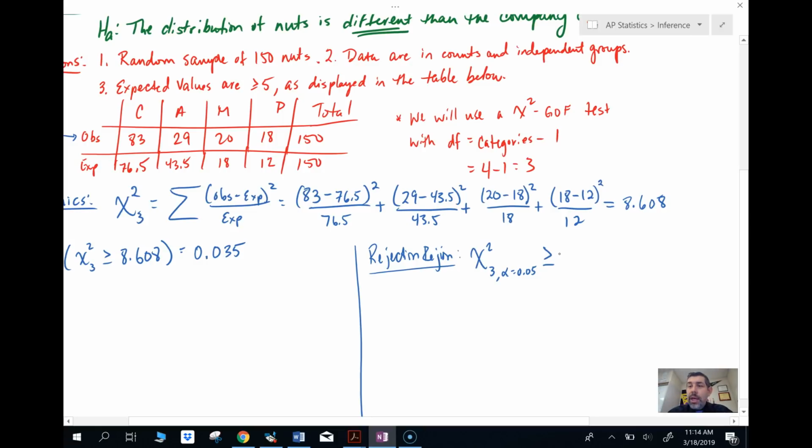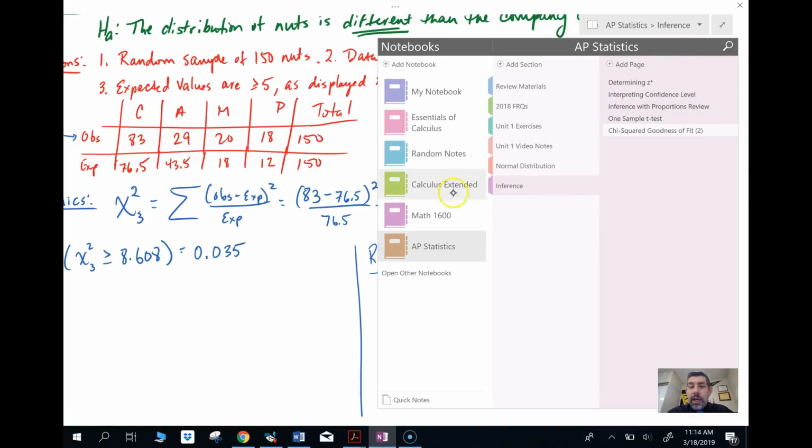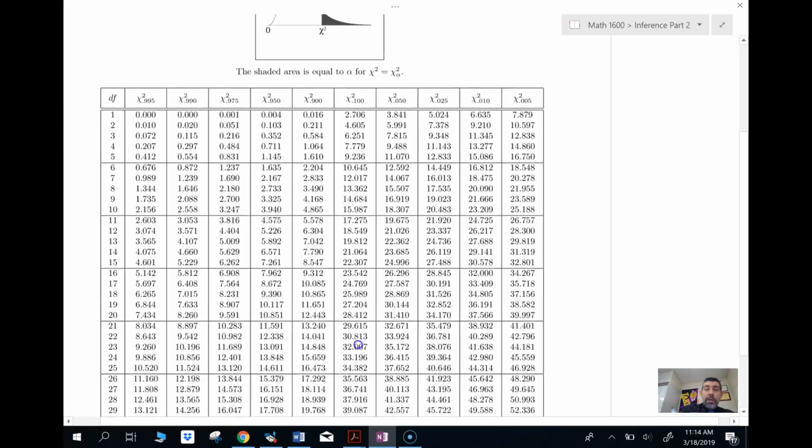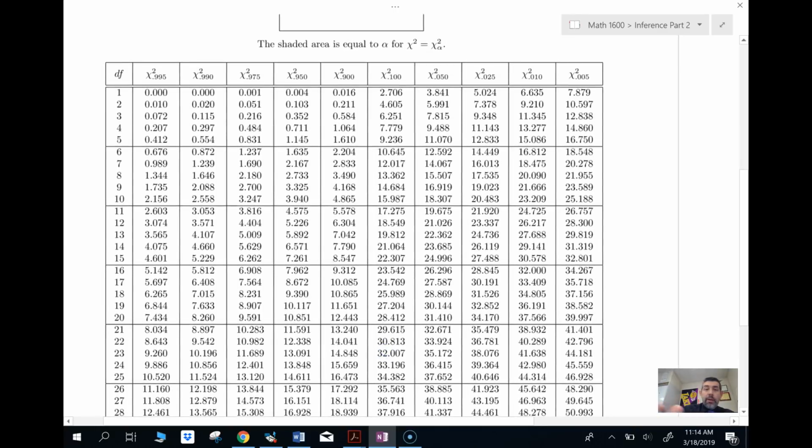So for that we use a chi-square table. Let me show you this chi-square table here. Right here are your degrees of freedom, and we're looking at 3 degrees of freedom. Over here is our alpha level at 0.05. So we go find our alpha level of 0.05 and our 3 degrees of freedom, go over, go down, and there is our rejection value.